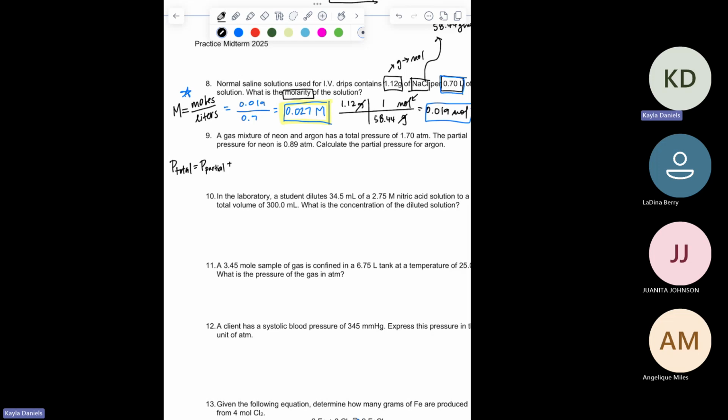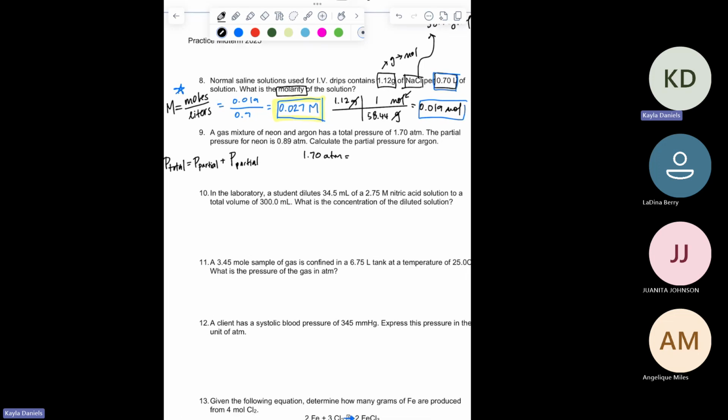That's why it's called the partial pressure law. So this could be for 2 gases. This could be for 5 gases. Here it's 2. So they're telling us that the total is 1.7 atmospheres. And then the 2 partials would be the neon and the argon. So we don't know what it is for argon, but they do tell us for neon it's 0.89 atmospheres. And we need to solve for what it is for argon, which would be x.